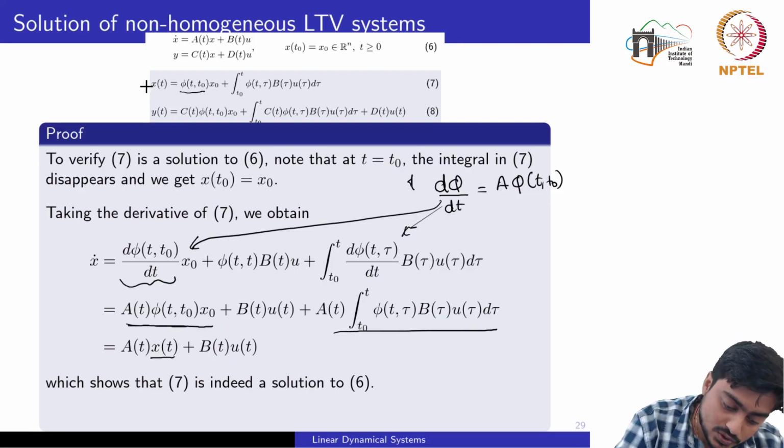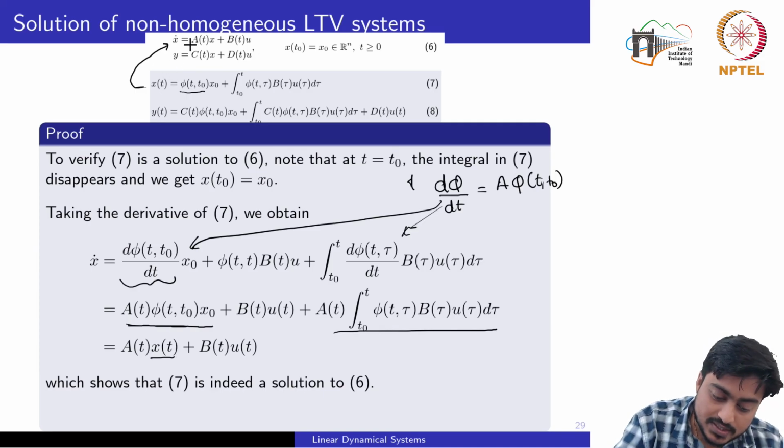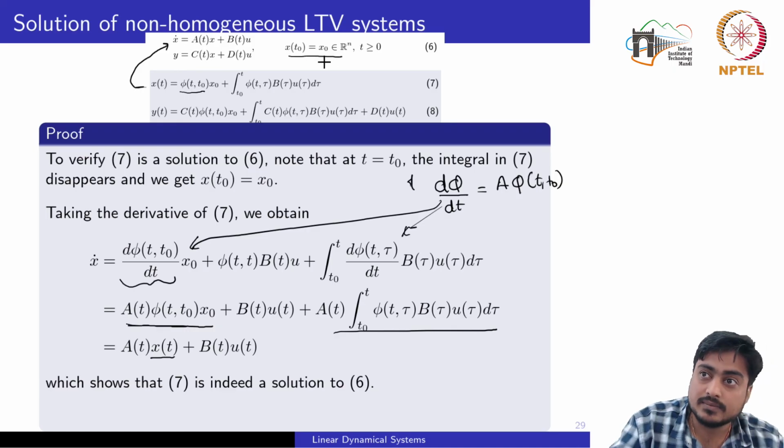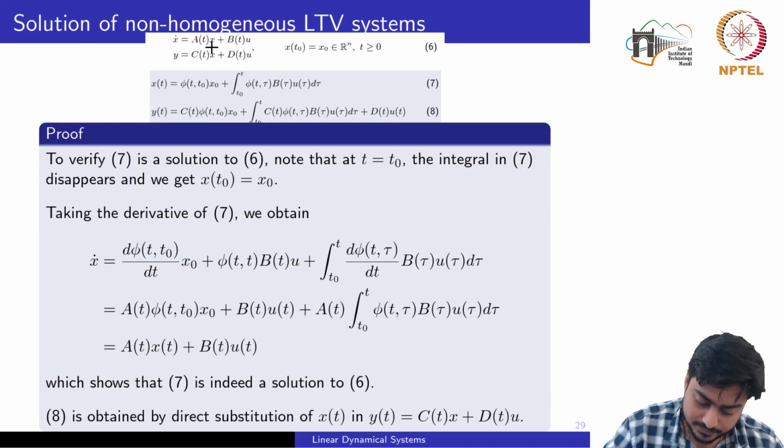So when we put this solution into the left hand side of this equation, it becomes equal to the right hand side, meaning to say that this solution satisfies this equation, plus it satisfies the initial condition as well. Okay, and simply if I put this x of t here in the right hand side, it would become equal to the left hand side. So we can say that this x t and u t is basically the solution of this linear time varying system. So this is straightforward, that 8 is obtained by direct substitution of x t in y of t.